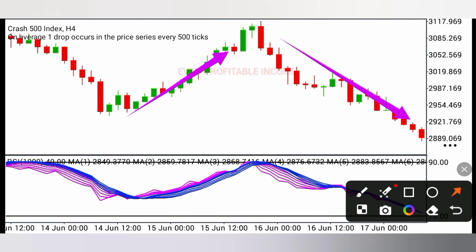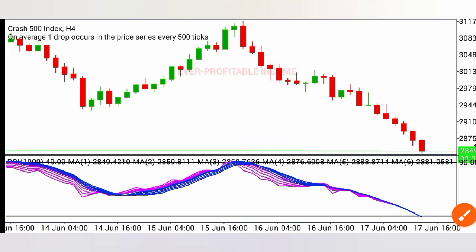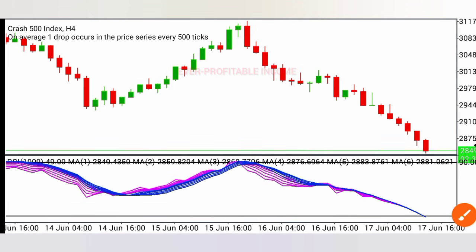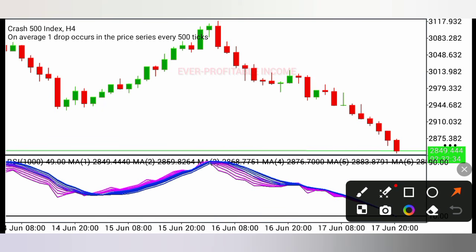If it's boom, you can be looking for when it's bullish, but if it is crash, the overall trend should be bearish. Now if you see something like this on your higher time frame, maybe you come here and you meet H4 going down like this, it is a perfect opportunity for you to hop into the trade each time the moving averages touch level 90 on the 1 minute time frame.